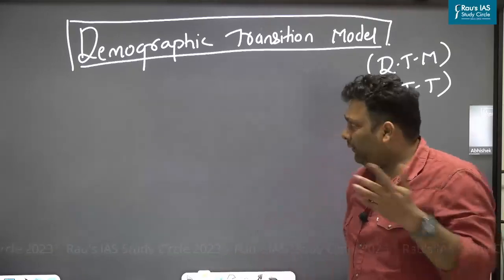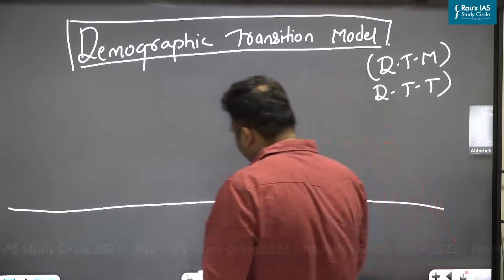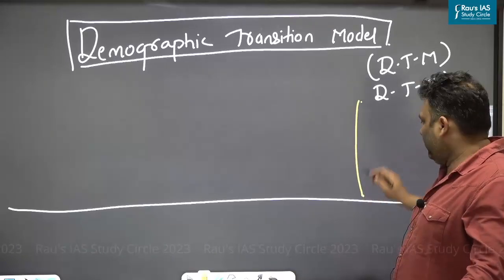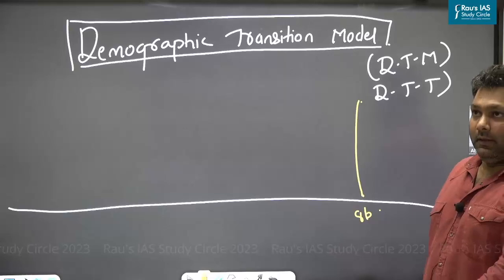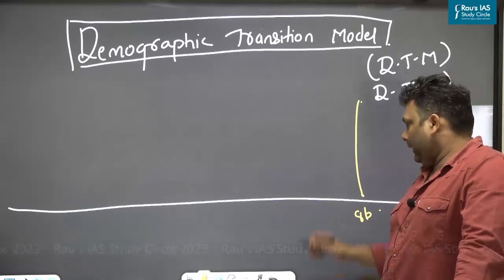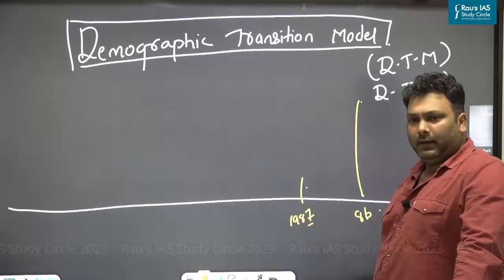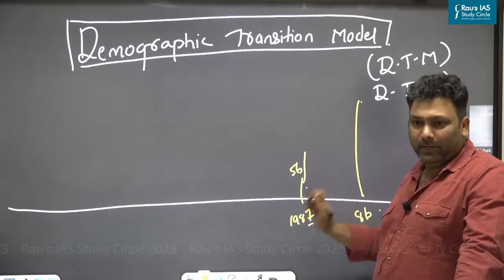Now, if you go back into the history of population, as of now, what is the world population? Around 8 billion. In 1987, the population was around 5 billion.